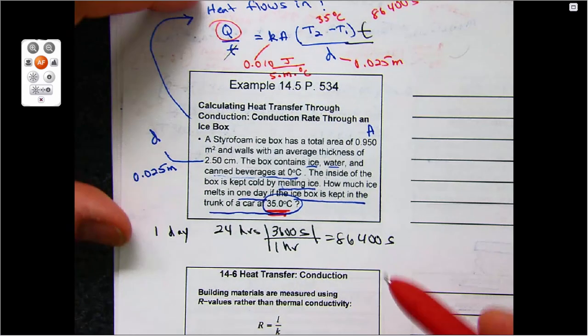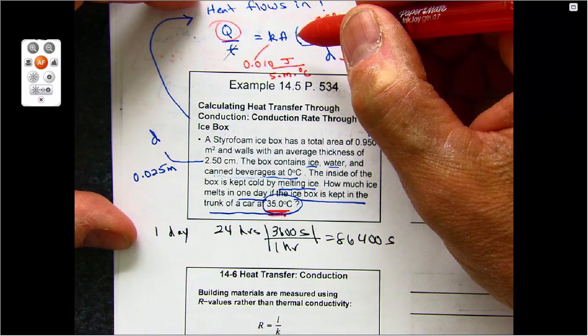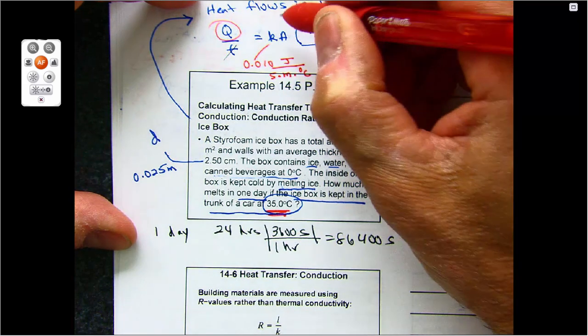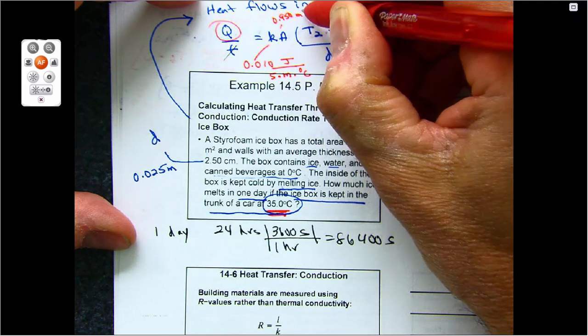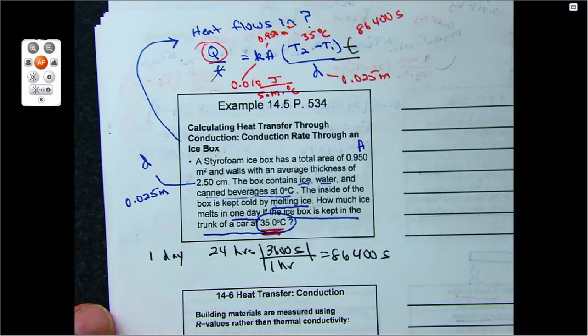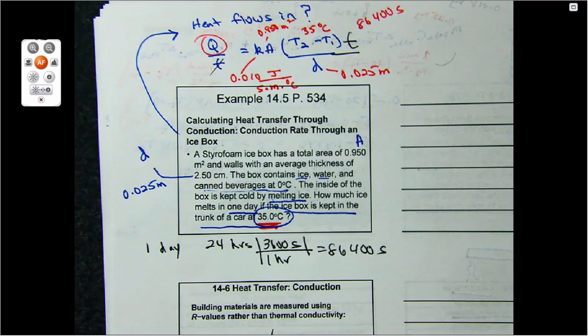So, with our area is what here? Our area is 0.95 meters squared. So how much heat do we get out of this? All the units should cancel out.